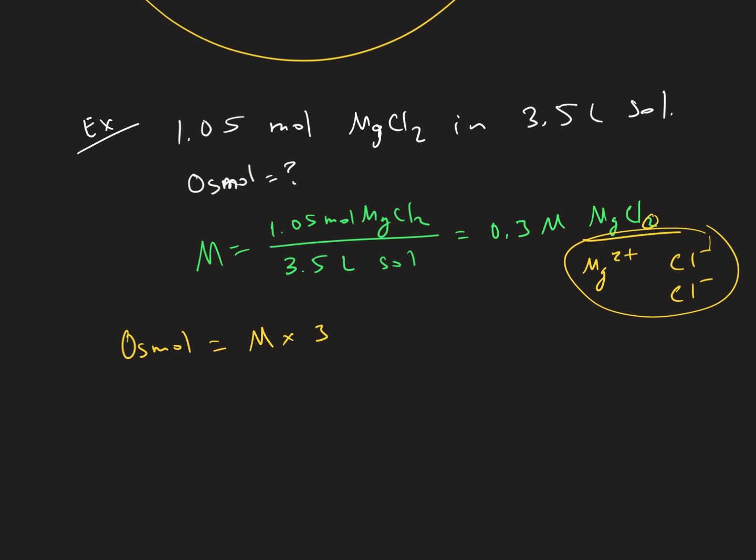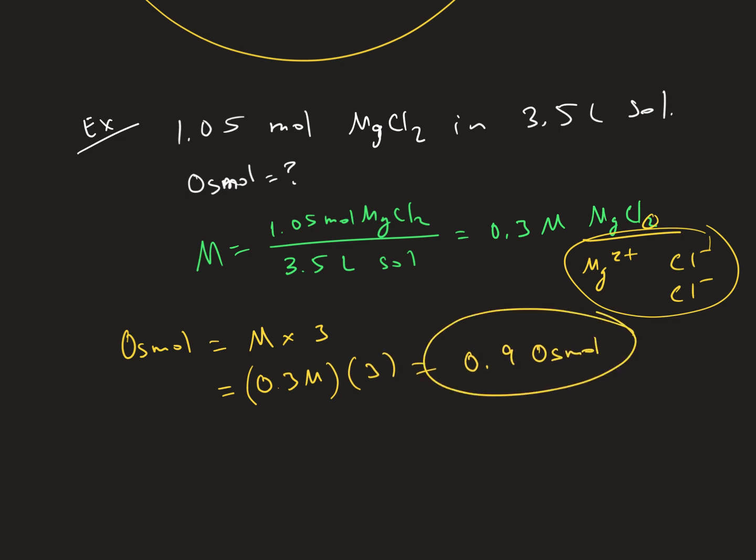Chloride is -1. So that's going to equal 0.3 molarity multiplied by 3, and we get 0.9 osmol of magnesium chloride.